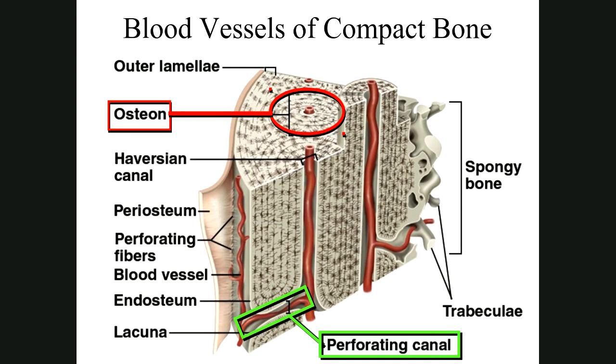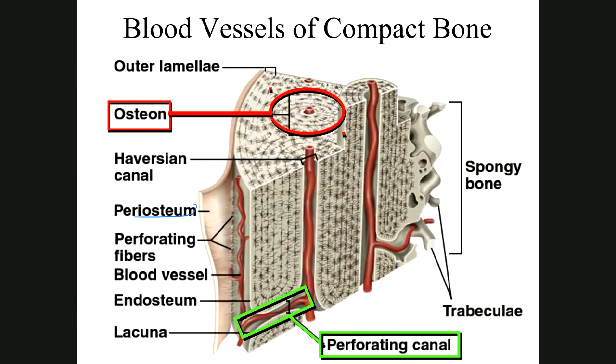Okay, so compact bone. You can see here again, the functional unit of bone is the osteon. If you saw the bone in the lab, they're probably missing this area here. This is the connective tissue on the surface, known as periosteum.